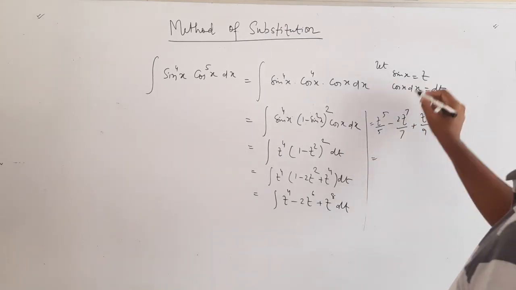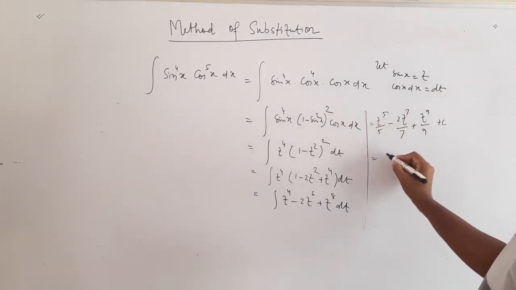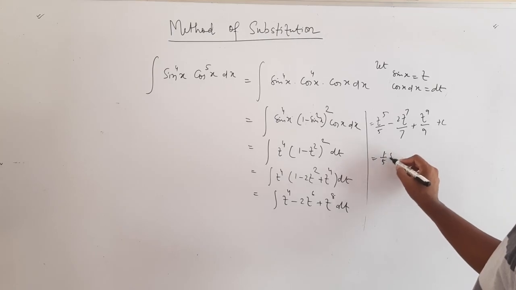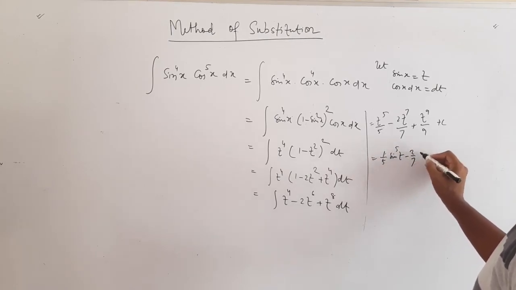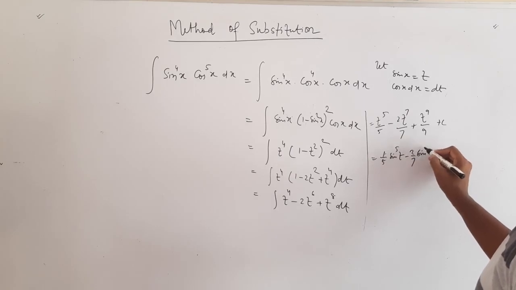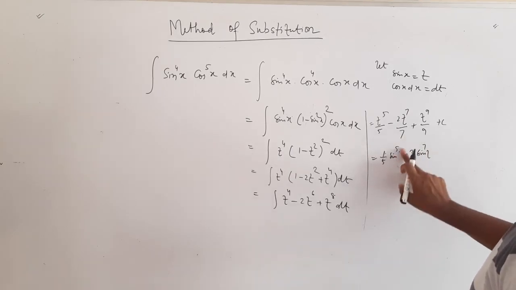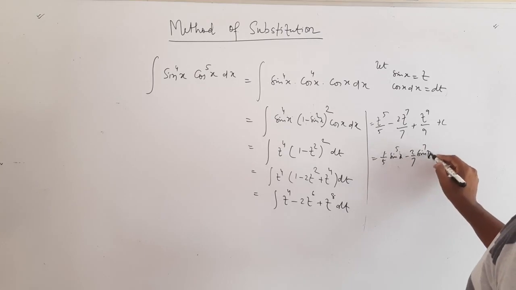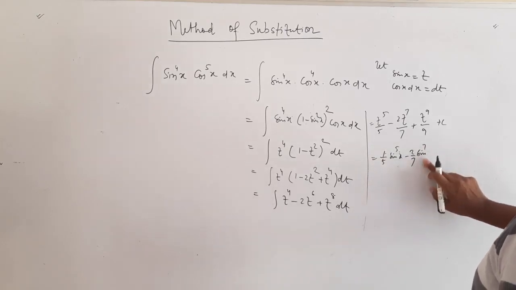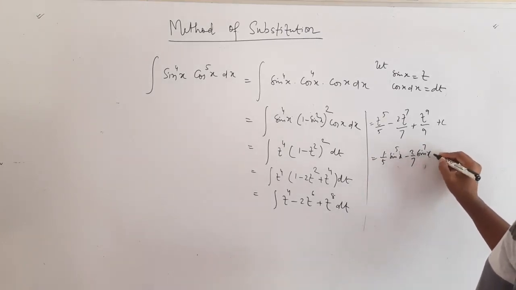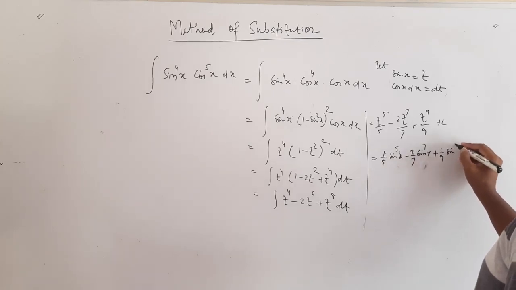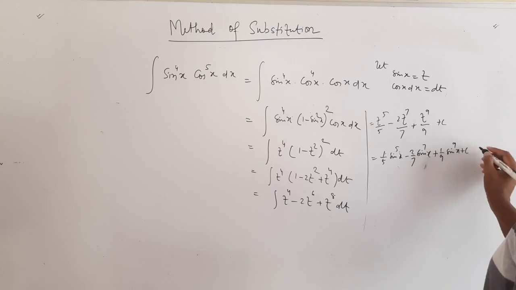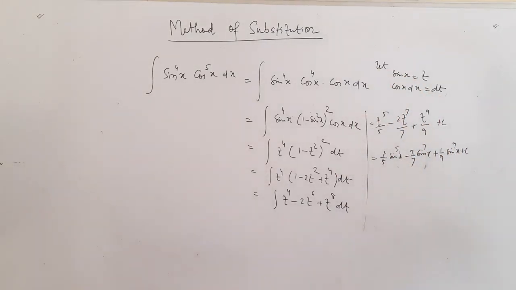So this t is sin x, so it's 1 by 5 sin to the power 5x minus 2 over 7 sin to the power 7x plus 1 by 9 sin to the power 9x plus c. This is how this kind of question is solved.